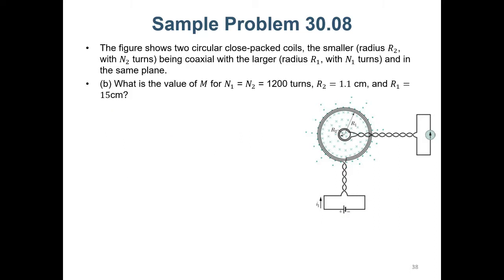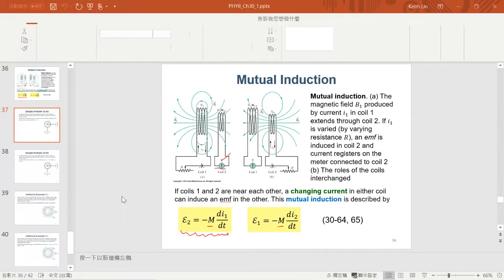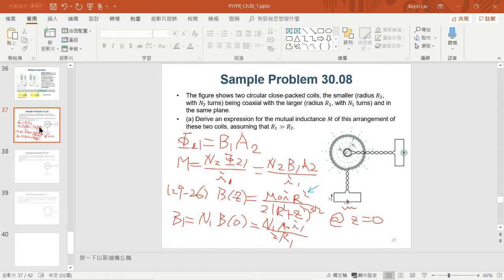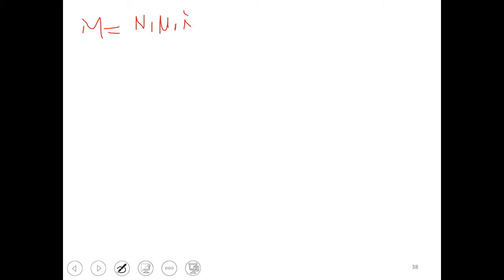So I add another page. Okay. So we have M equals N1 mu 0 I1 over 2R1 times N2 A2 over I1.